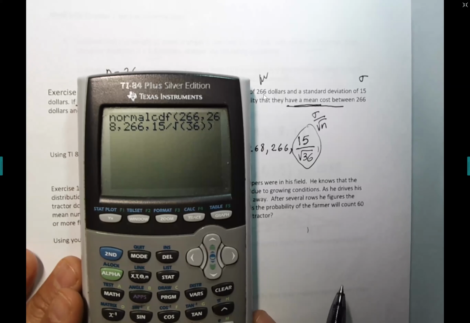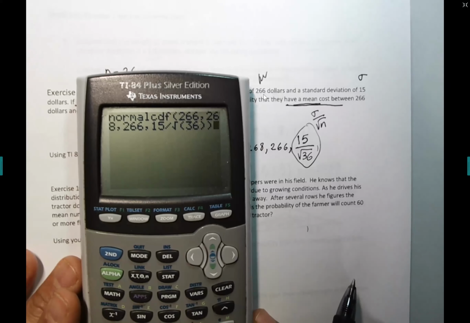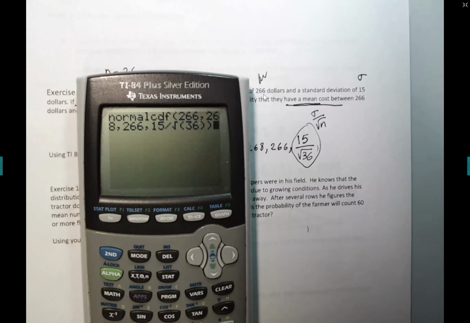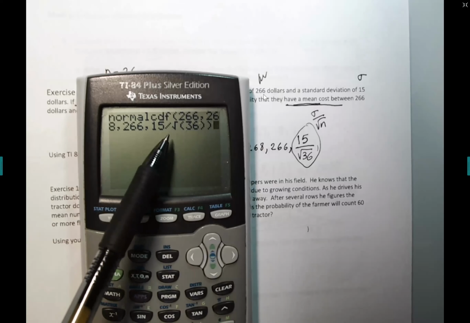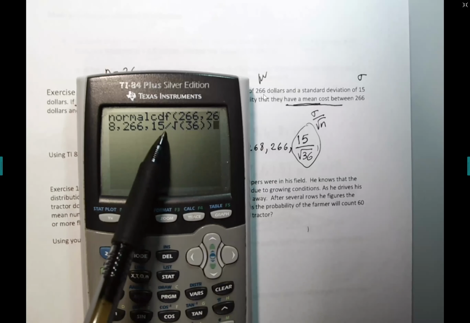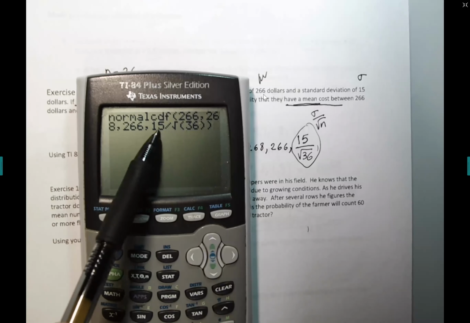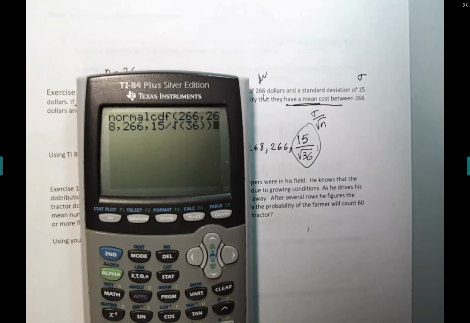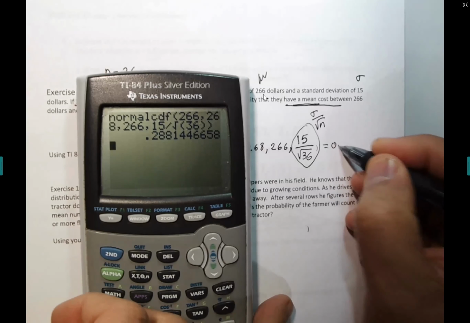Watch. Ready? Here you go. A common mistake that students make, and they tell me, Mr. Bazzi, I used the right formula, but I just got the wrong answer. They forgot to put the division sign here, so make sure to put division. It's 15 divided by the square root of n. So 0.2881.